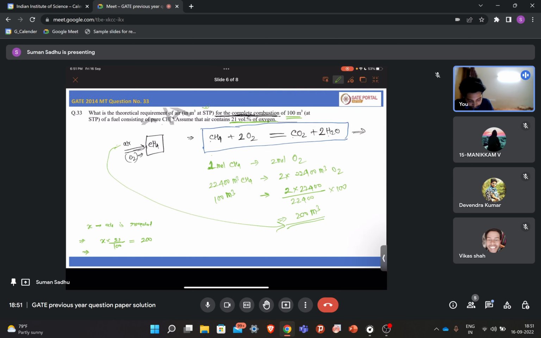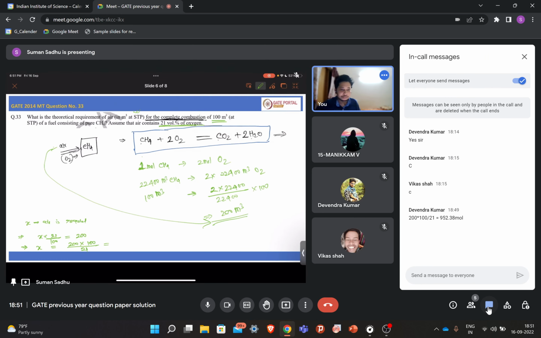So what will be x? 200 into 100 divided by 21. What will be the answer then? Not moles, meter cube, volume.